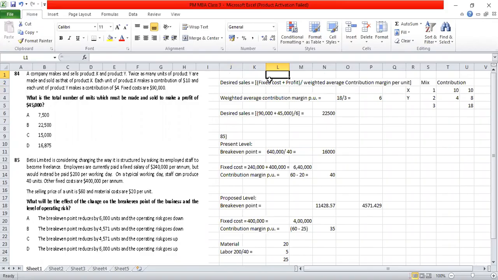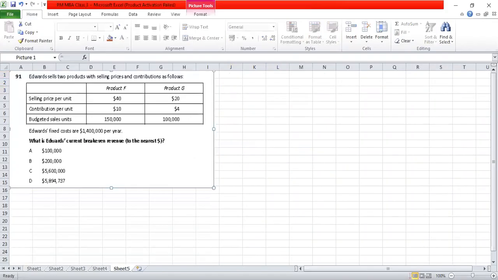In the 84th question we have product X and product Y, and the proportion is given. Here again, in this 91st question, product F and product G are given. The weight is given as 150,000 and 100,000. So we need not take the entire weight as 150 and 100, but simplify it and make it 3:2.